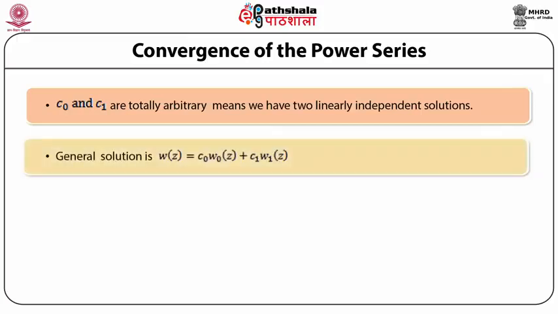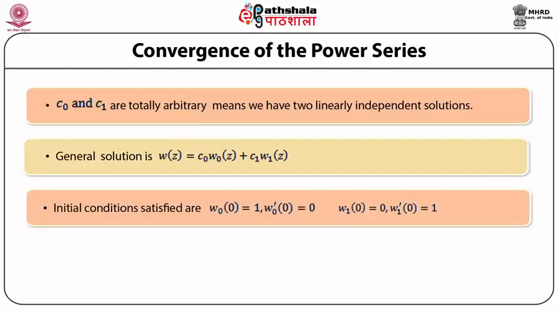The general solution is given by w(z) equal to c0 w0(z) plus c1 w1(z), where w0(z) is the solution of the differential equation that satisfies the initial conditions: at z equal to 0, w0 is equal to 1, and at z equal to 0, the first derivative of w0 is equal to 0.